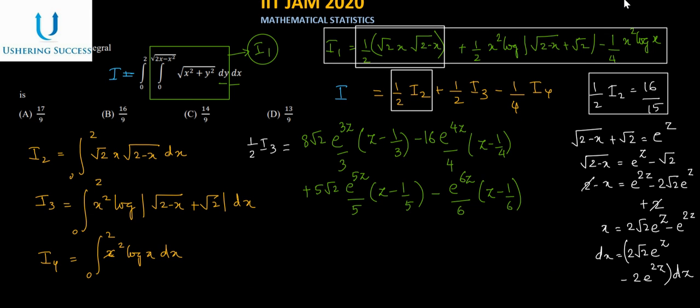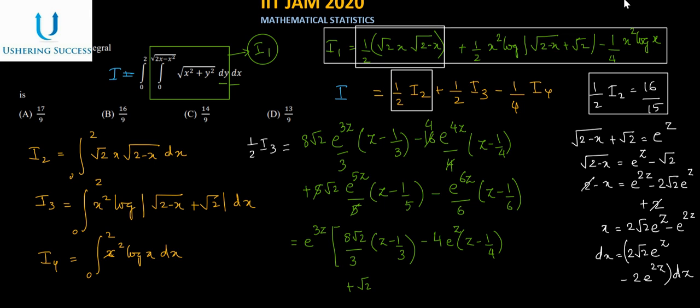which can be written as equal to e to the power 3z into 8 root 2 by 3 into z minus 1 by 3, minus 16 by 4 is 4. So minus 4 e to the power z into z minus 1 by 4, and then I have plus 5 root 2 by 5 is root 2.